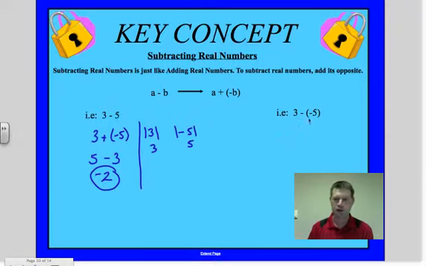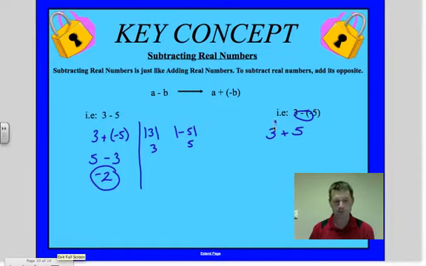Okay, over here we have two negatives side by side. That's important. When you have two negatives side by side, it's actually going to make a positive. So when you change this, it becomes 3 plus, and because the two negatives come together, it's actually going to make that a positive 5. Okay, these two right here come together. It's going to give you that positive 5 there.